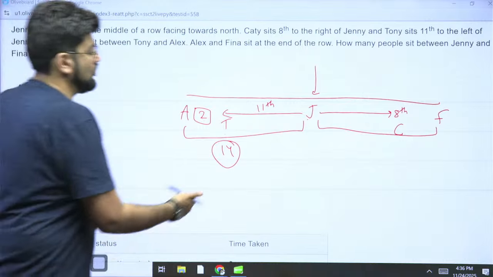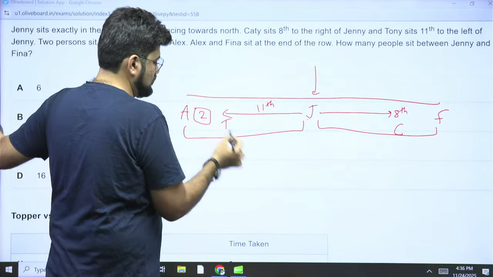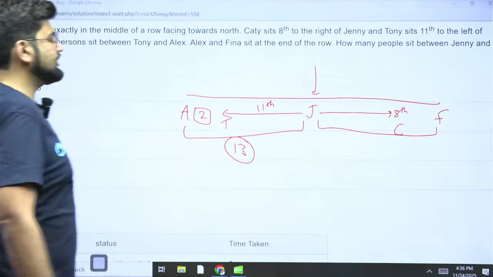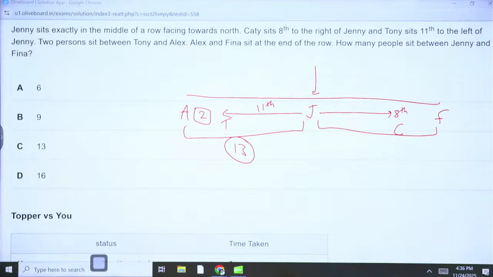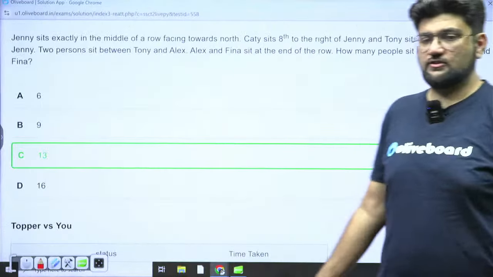Oh, sorry, she is already 11th. My bad. 11 plus 2, 13 people are there between Alex and Jenny. Similarly, between Jenny and Fina also there will be 13 because Jenny is sitting exactly in the middle. So 13 will be the correct answer. Option C is right here. Cool. 82 seconds. That's too much.